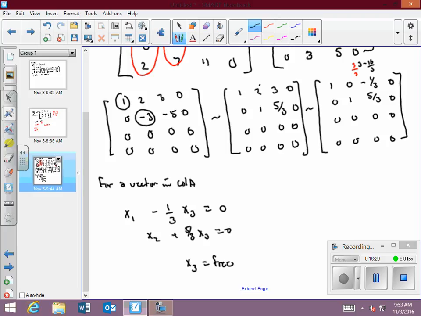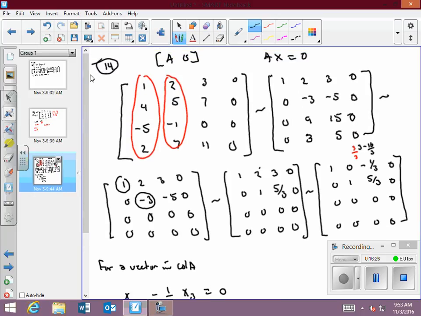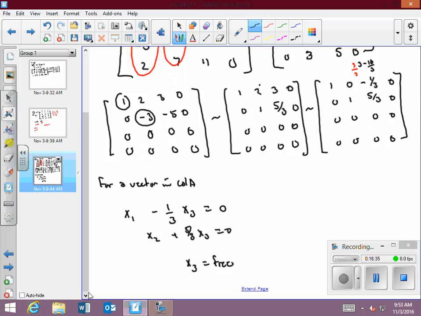See, because my original matrix was the 3, right? This is augmented, so it's just 3. So it just has x1, x2, x3. Now then, that says that x1 equals 1/3 x3, x2 equals -5/3 x3, and x3 is free.